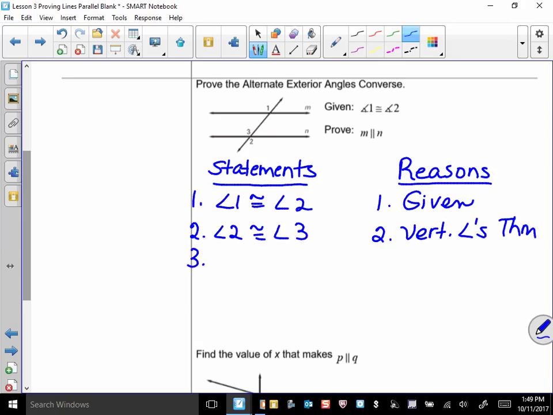Okay, so now I can draw a conclusion based on statements 1 and 2, and that would be that angle 1 is congruent to angle 3. And of course, that's the transitive property of congruence. And since angles 1 and 3 are congruent, what kind of angles are those? They're corresponding angles, right?